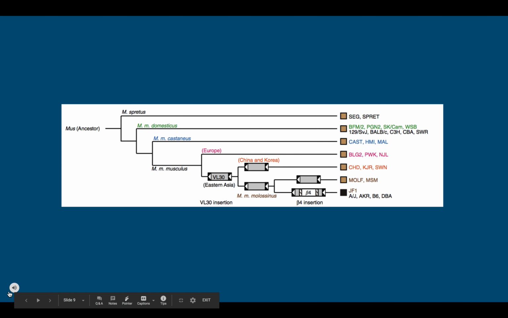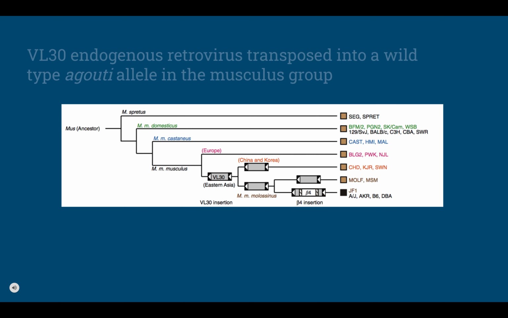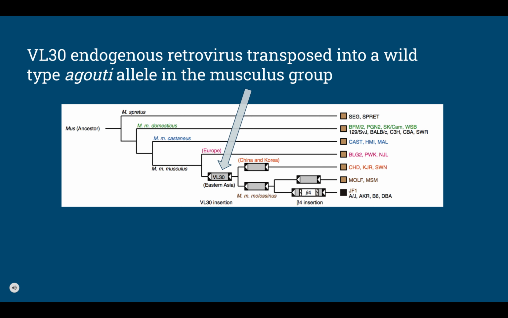The results showed that the two insertional mutation events happened in the agouti gene during the differentiation and domestication of the Japanese mouse. In the wild, the VL30 endogenous retrovirus was transposed into the wild-type agouti allele in the population of the musculus group.